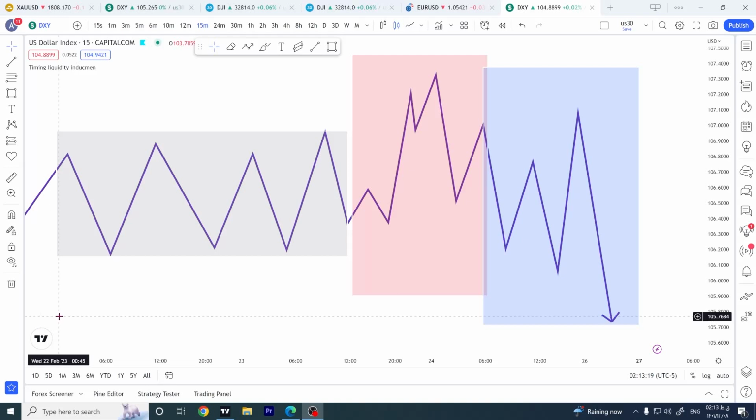So, for example, a big institution, or 100 of them, knows that the numbers 107 to 107.5 are good numbers to sell the US dollar index.